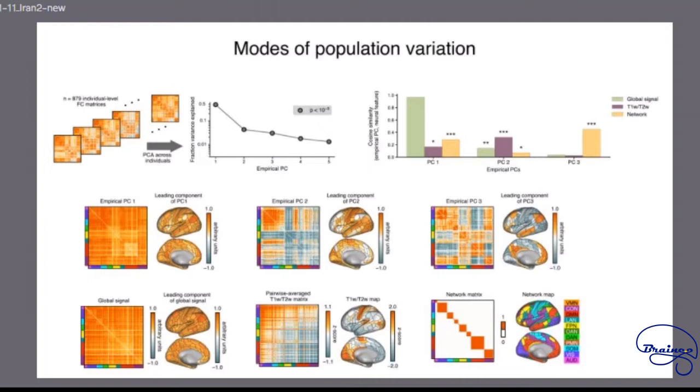Therefore we get this hypothesis, and this can then inform our modeling, that principal component 1 is about global coupling, principal component 2, the second way in which subjects differ, is about sensory dissociation hierarchy, and principal component 3 is about network structure. And so the question is, what do we need for our models to be able to capture this as well?